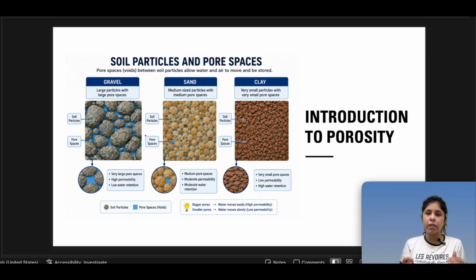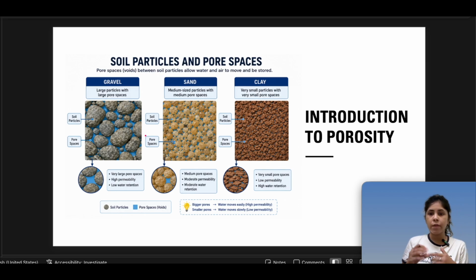In the case of sand, or clay, or soil in general, soil also has voids. The volume of the voids divided by the total volume of the soil that we are considering is known as the porosity.